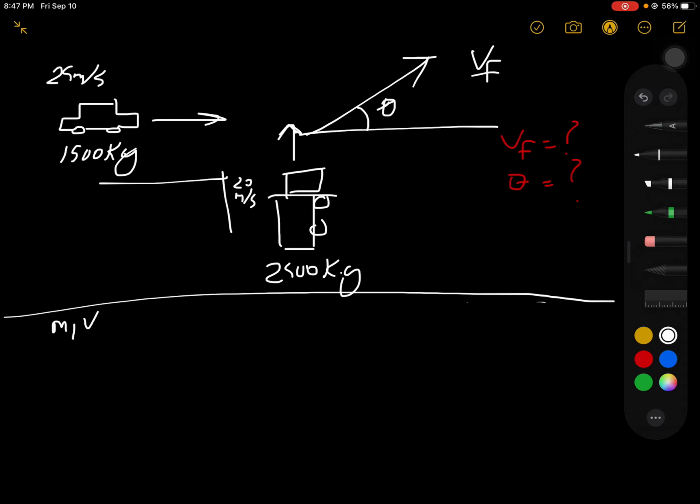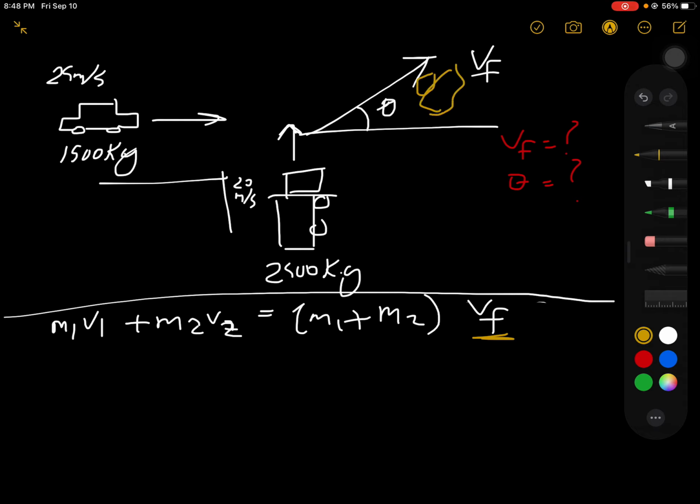As you know, m1 v1 plus m2 v2 equals m1 plus m2 times vf. Here we're just going to write vf because both the car and the truck will stick together and move at the same velocity.